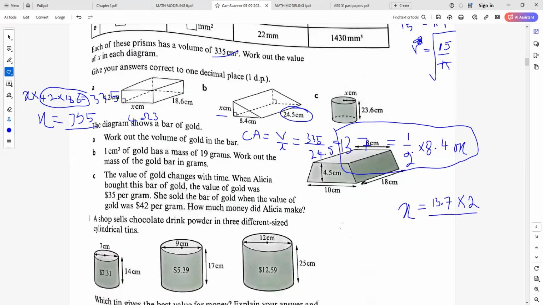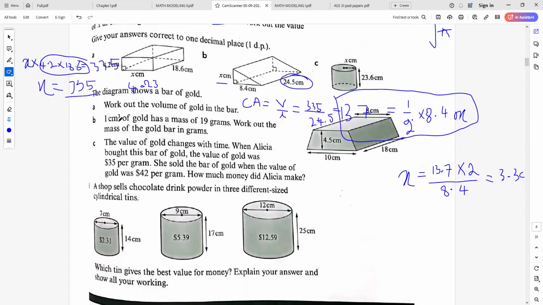When they go to the other side of the equation, the opposite operation occurs. So 13.7 multiplied by 2 divided by 8.4 is equal to 3.261. This is approximately 3.3 centimeters. You have to make sure that you write the answer with the unit.